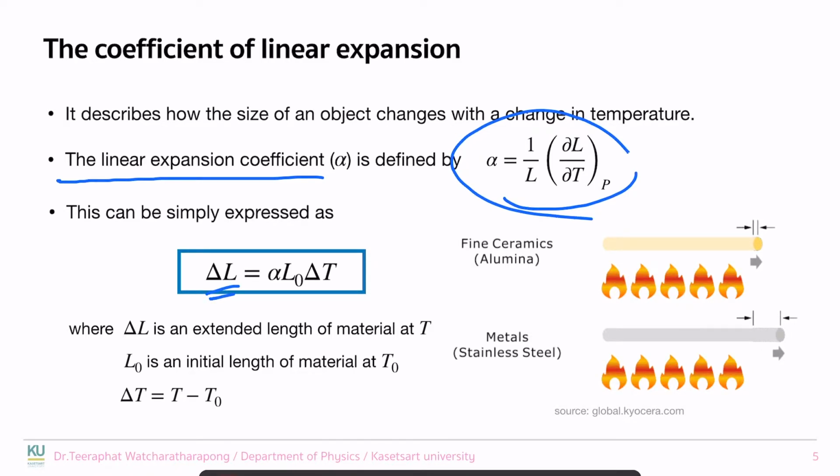where delta L is the extended length of the material at a certain temperature T, and this is the temperature that we want to change to, or we can say the final temperature of the metal tube. L naught is the initial length of the material at T naught, where we consider T naught as room temperature in this experiment.